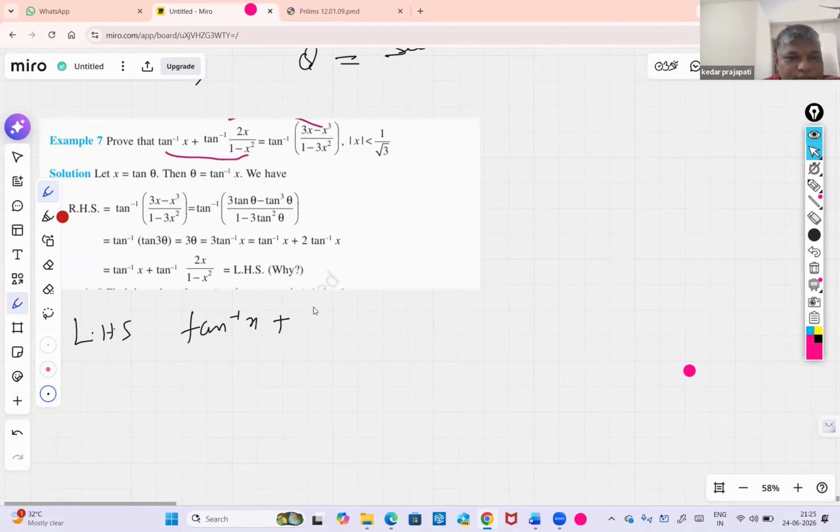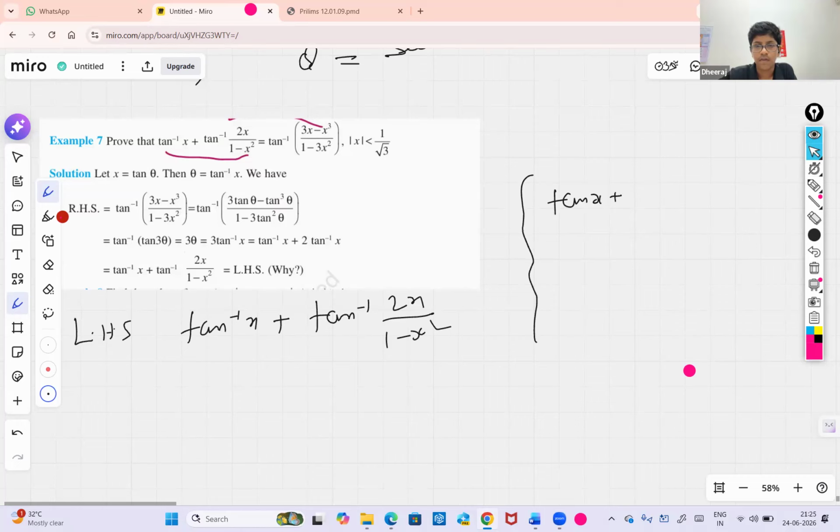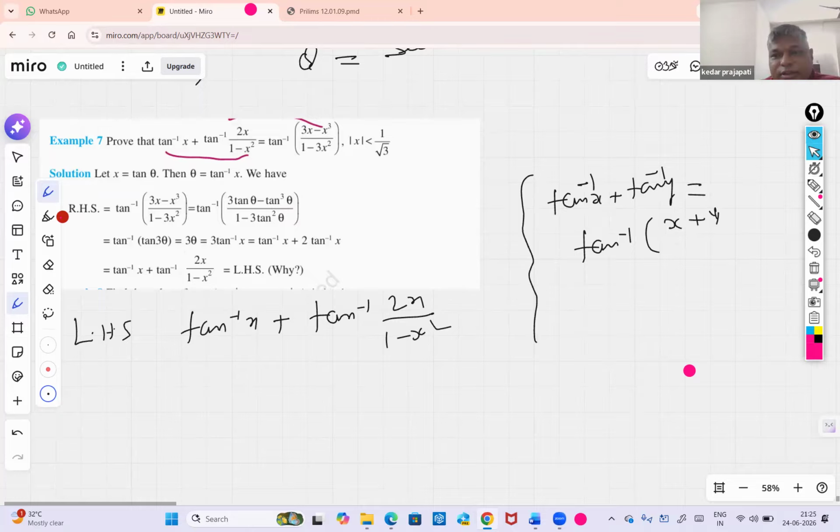LHS is tan inverse x plus tan inverse 2x by 1 minus x square. Now we know tan inverse x plus tan inverse y is equal to tan inverse of x plus y divided by 1 minus xy.